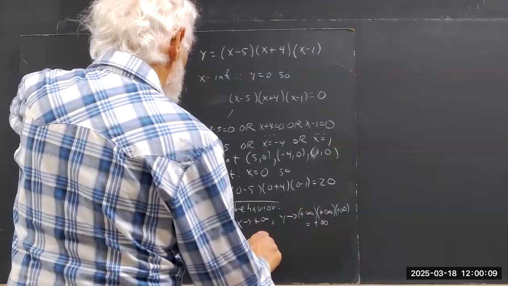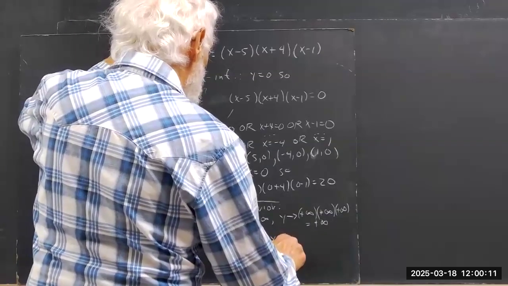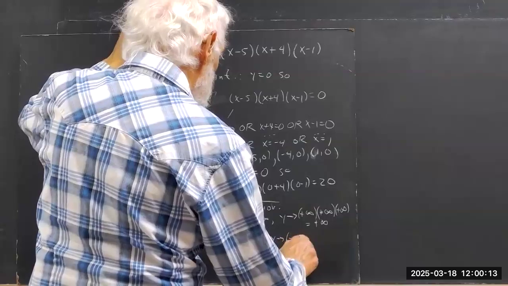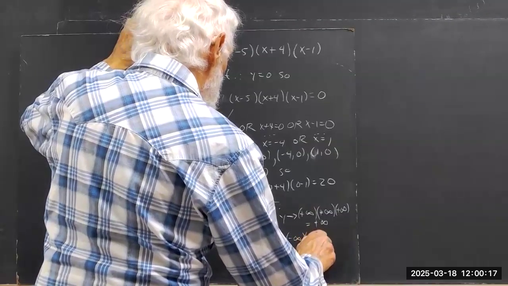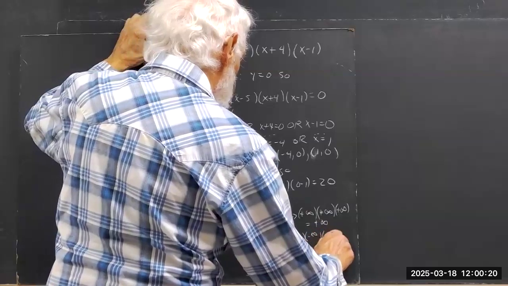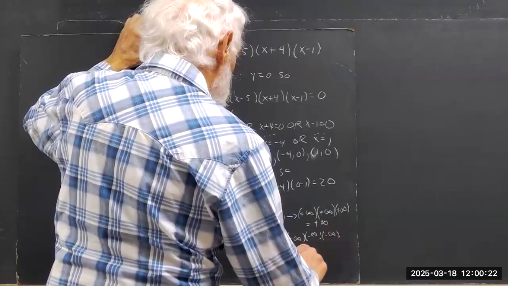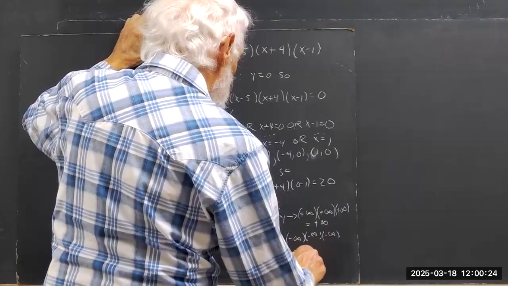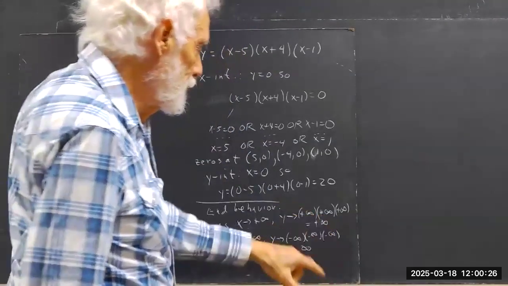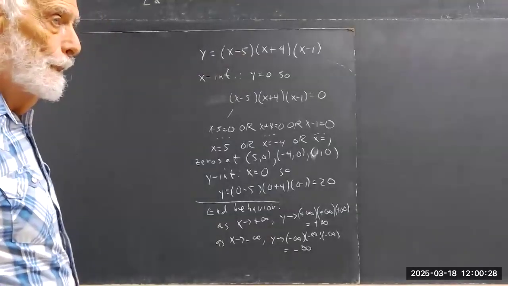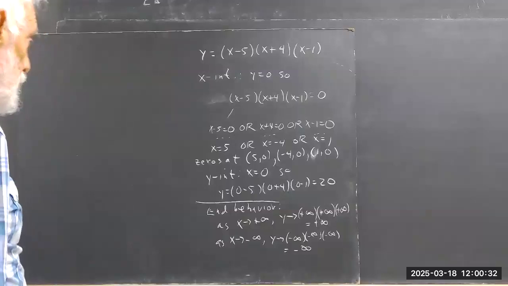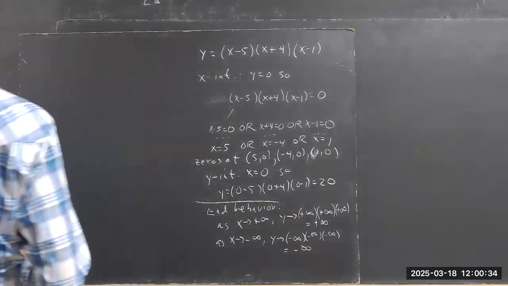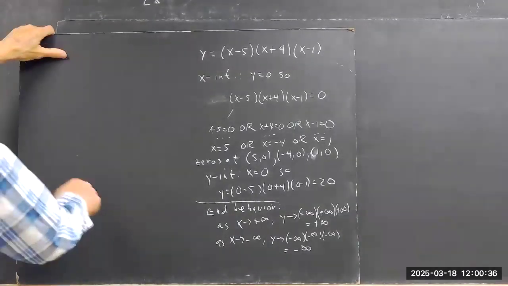As x approaches negative infinity, y approaches negative infinity, equals negative infinity, equals negative infinity. It's 3 negative, okay? Now we've got the intercepts and we've got the end behavior.